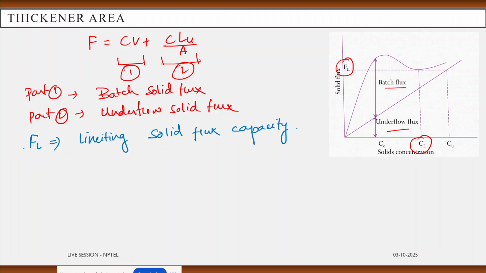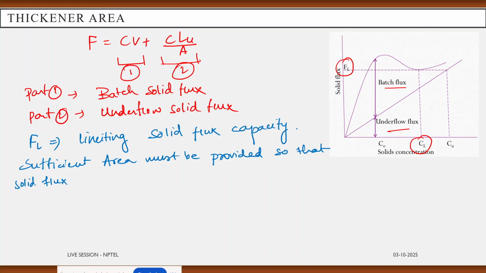So we need to provide sufficient area so that any solid flux does not cross the maximum capacity FL.